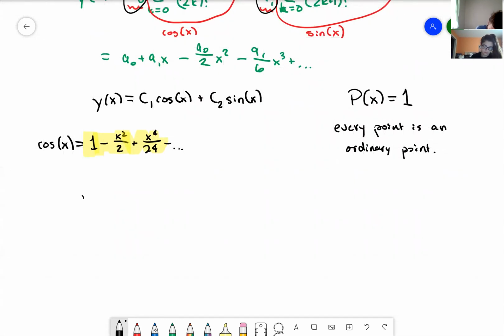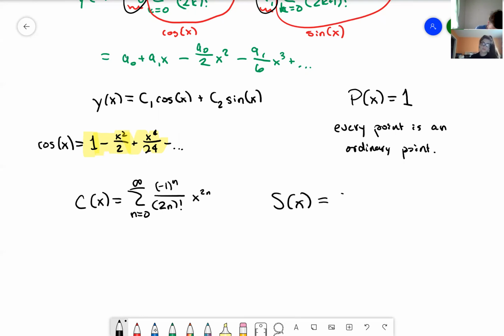We could have said that this first series, we'll just call C of x, is just something like this. And we'll just give the other one the name S. Kind of spoiling the idea that we're pretending we don't already know what this thing is.